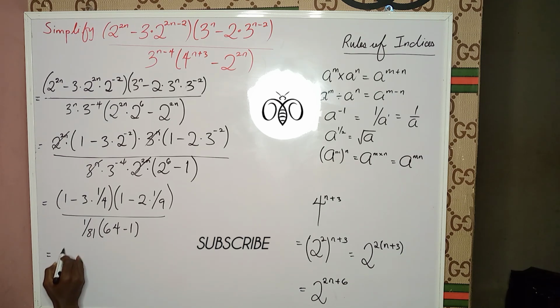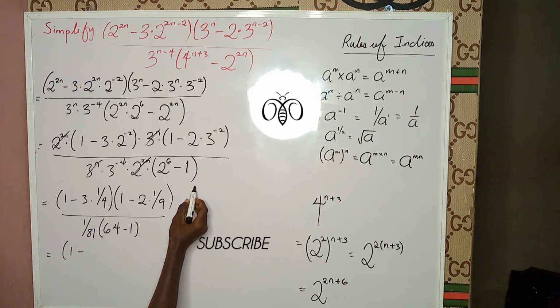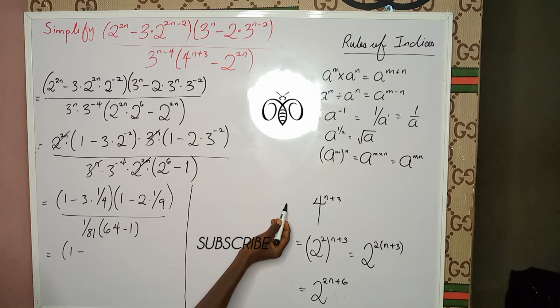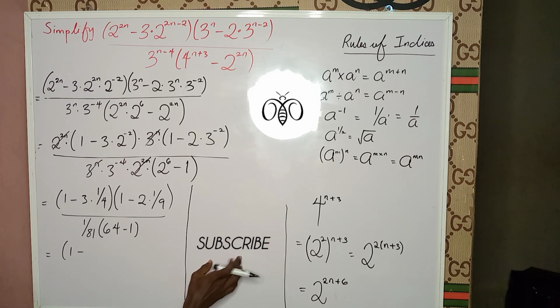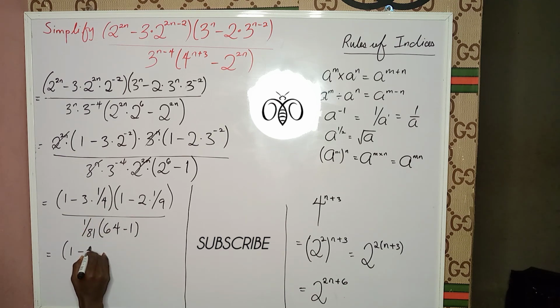So we have this to be 1 minus, let's draw a line here and put the boundary here, so that we will conclude this problem here. And this becomes 3 over 4.